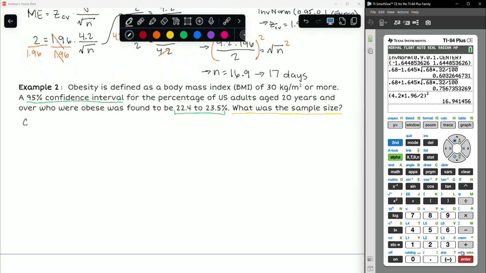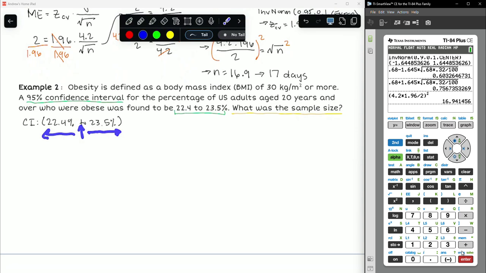So I know that the confidence interval for this proportion was from 22.4% to 23.5%. I know when I build my confidence interval that the sample proportion should be in the middle, and then I subtract the margin of error that way and add the margin of error that way.